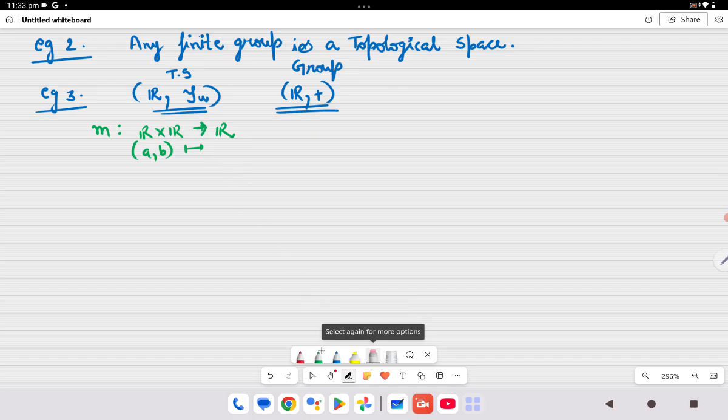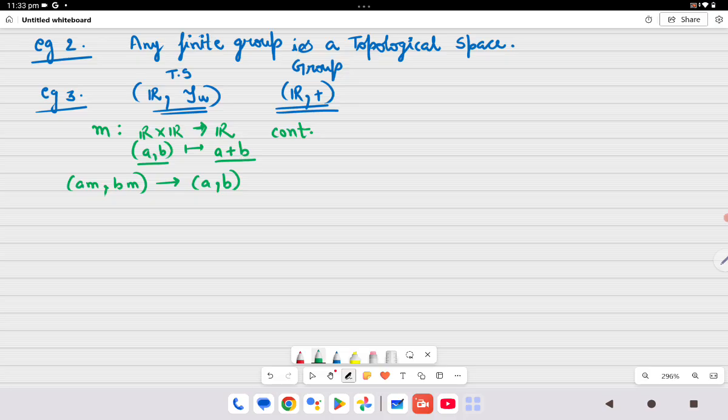Okay, यहाँ पर जो continuity हमें show करनी है, I will prove with the sequential criteria. So if I take a sequence, say (a_m, b_m), which is converging to the point (a, b), ऐसे तो हम प्रूव करते हैं कि इस पॉइंट पे कन्वर्ज करने वाली अगर मैं कोई सीक्वेंस लूँ तो when I apply the map on it, that must converge to the image. Yes, then I say that this map is continuous.